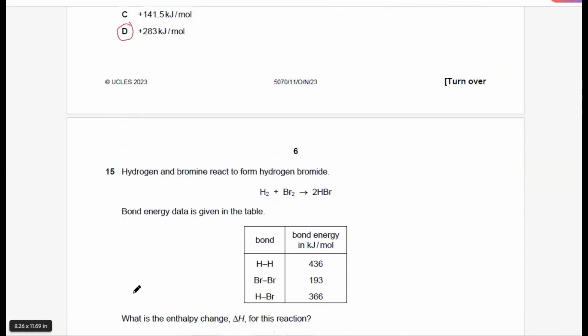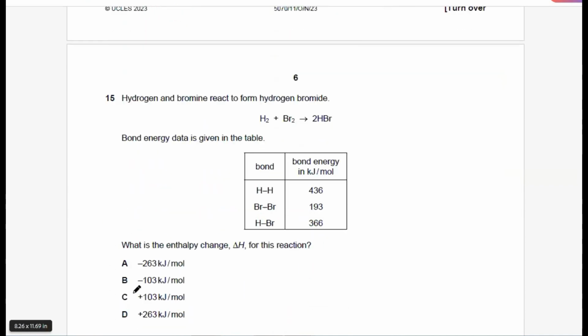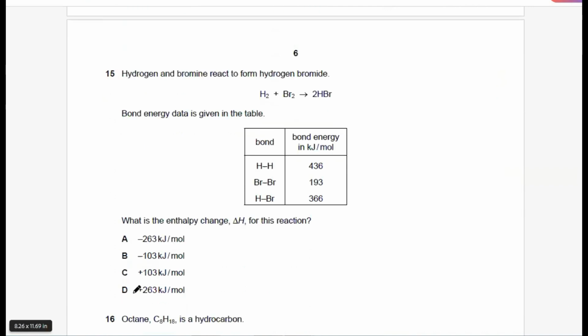Now for question number 15, hydrogen and bromine react to form hydrogen bromide. Bond energy data is given. What is the enthalpy change for this reaction? So you have to check H2, it's 436, Br2 is 193, and HBr is 366 multiplied by 2 because 2 of these bonds are there.